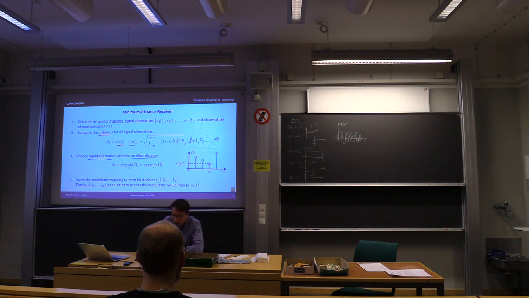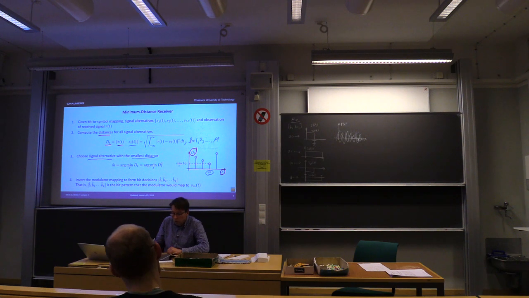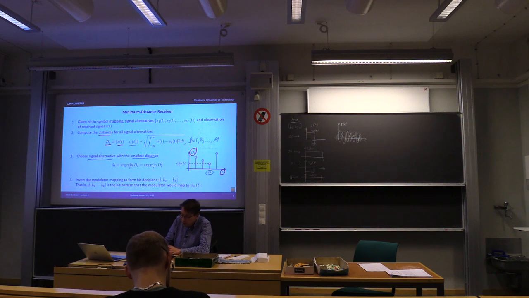So these distances that we calculated, d_L, we plot them as a function of L. Then we look at the values, take the smallest one, and our guess is the index of the smallest one. So in mathematics, the signal alternative index, M hat here, stands for guess, by the way.